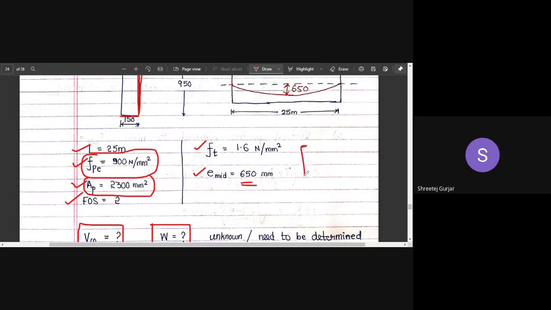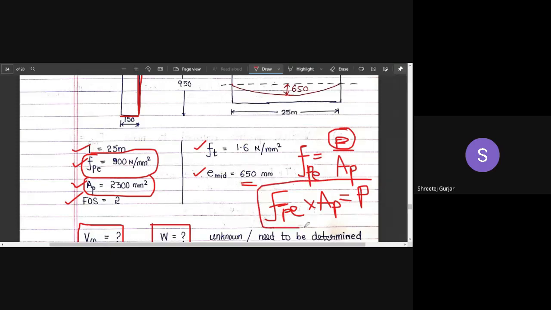And we know stress is equal to force by area. We have been given the stress, that is FP. Force is not given to us. Area of steel is given to us. So what will be the force now? Force will be FP into AP, that is nothing but the force in the cable.